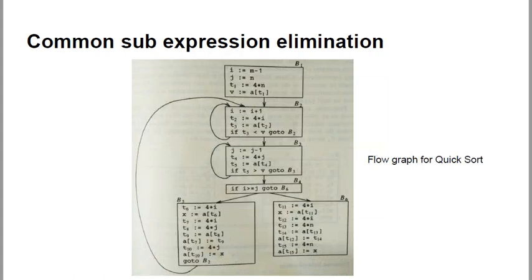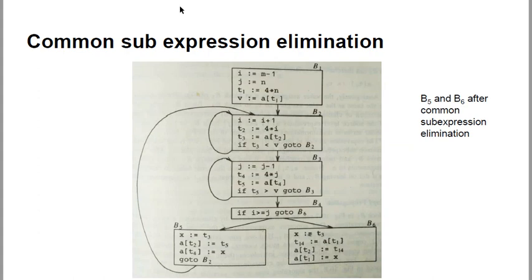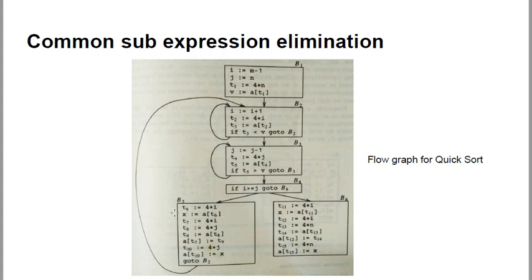Now we can see that this T3, A, T2, this whole thing, this X, means we are not only dealing with the common subexpressions which consider 4 into I, but also this A, T6, all the common subexpressions are being eliminated.